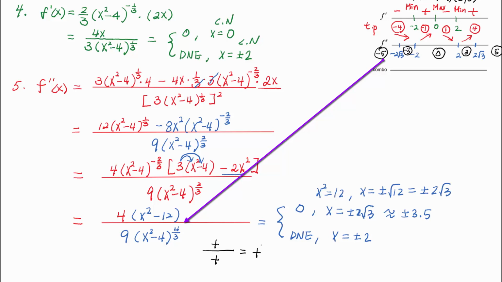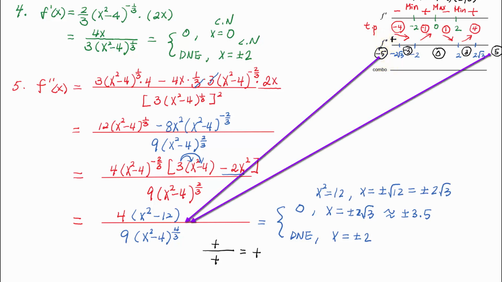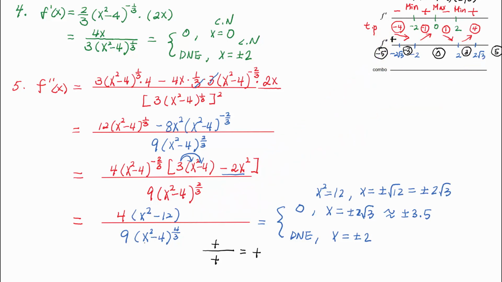So this quotient is positive. So f double prime in this interval is positive. But they're going to give you the same sign whether you plug in +5 or -5, since we're going to square it. So this interval out here will also be positive.